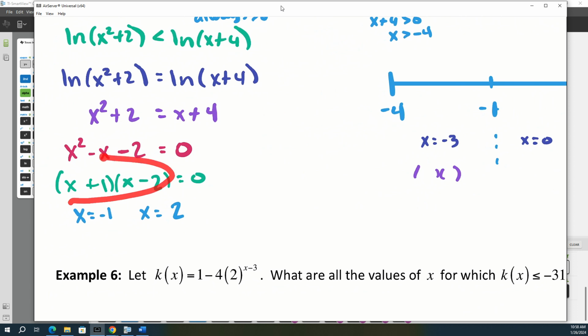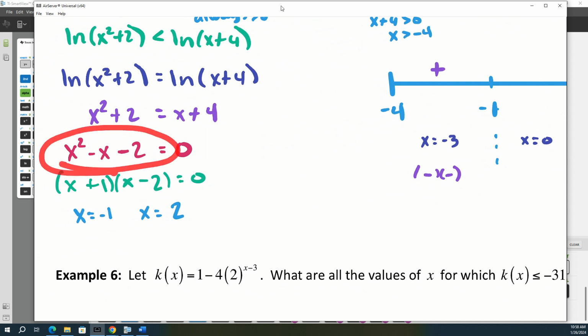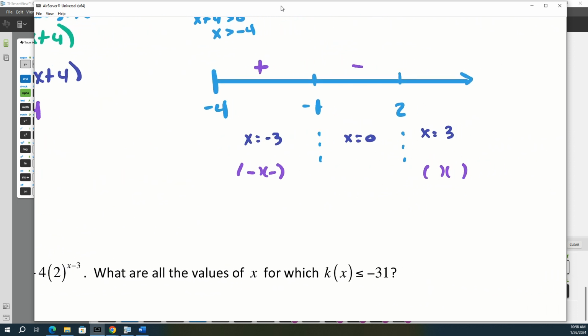All right, so I'm looking here. I'm going to put negative 3 in for both of those factors. I'm going to get a negative times a negative. Now, when I put 0 in, it's okay to go to this one, and I know I'm going to get negative 2. And then when I put 3 in, I'm going to get a positive times a positive.